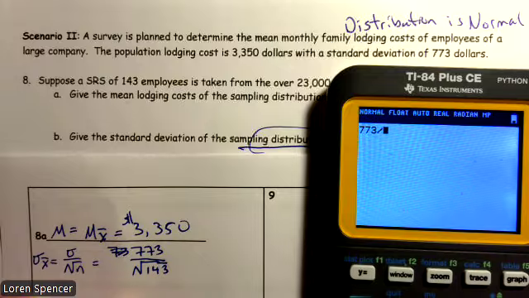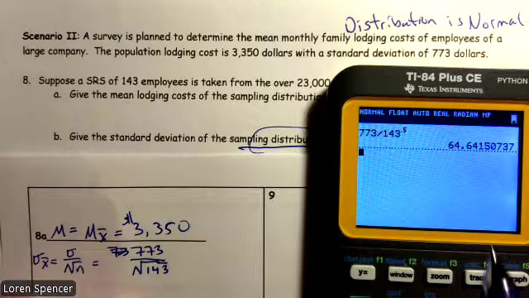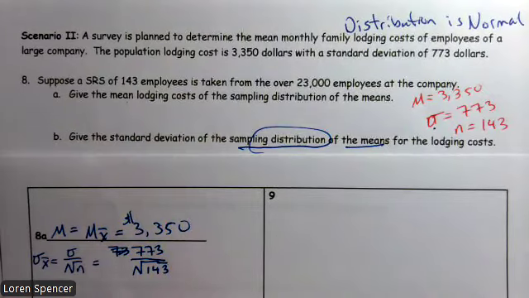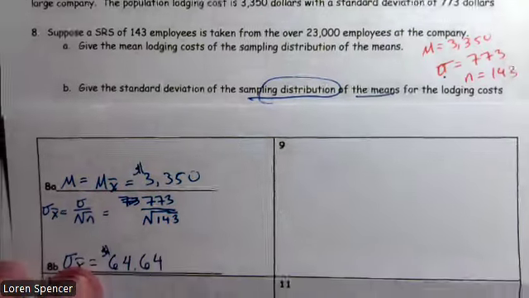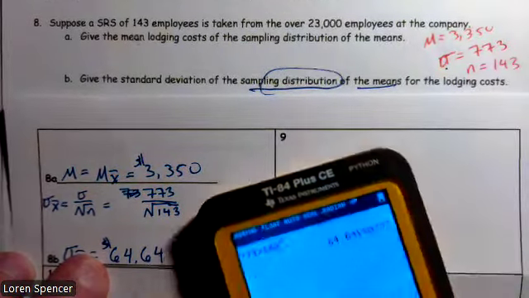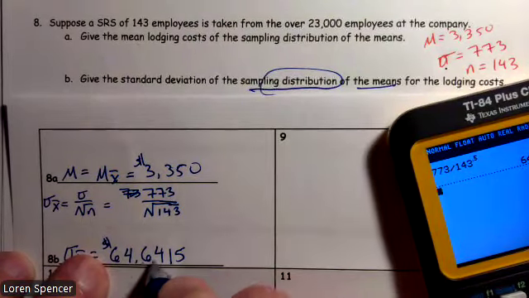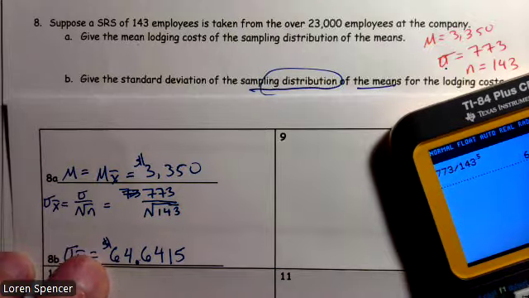I'm going to just raise that 143 to the half power. And I get 64.64. So the standard deviation of X bar is 64.64. And I'm going to put a dollar sign. And I'm going to go ahead and truncate it at 4 places just to be consistent.